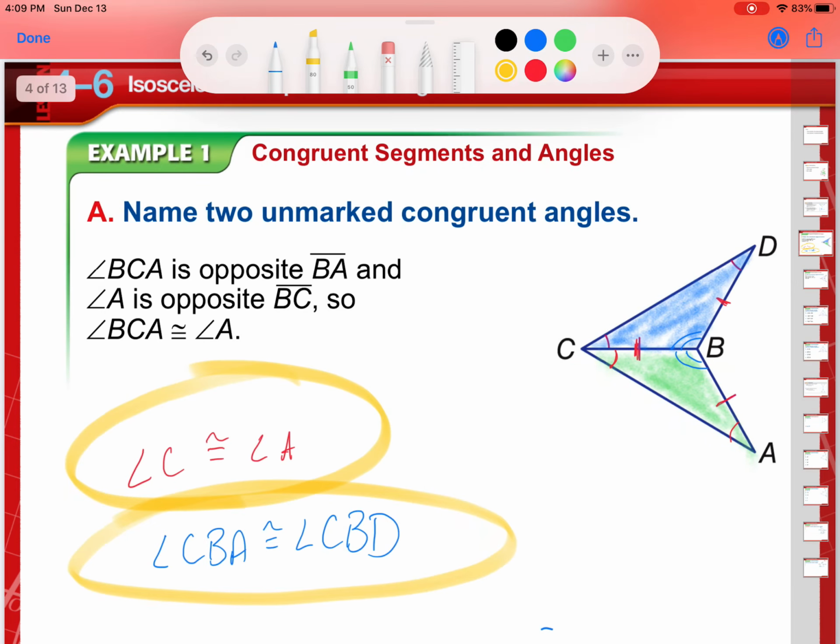Continuing on, name two unmarked congruent segments. Okay, so now this is the piece where all that work we did back here comes in handy. So I'm just going to use this triangle that we already marked up, knowing that we need to find two congruent unmarked segments. And what I see is, since these triangles are congruent, then their bases must be congruent.